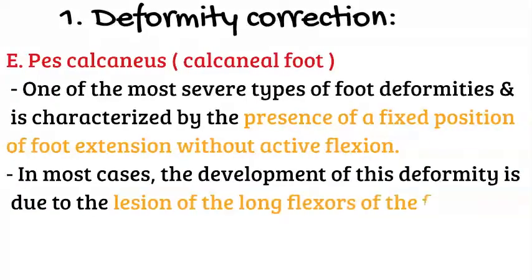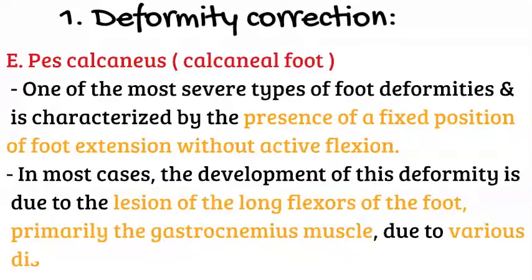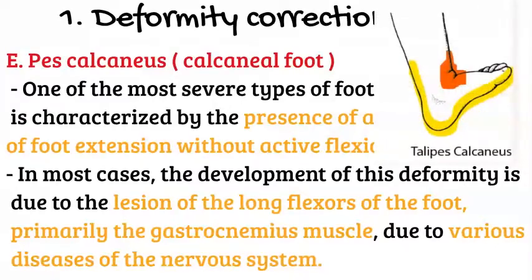In most cases, the development of this deformity is due to the lesion of the long flexors of the foot, primarily the gastrocnemius muscle, due to various diseases of the nervous system. This picture illustrates the pes calcaneus, that means fixed position of the foot extension without active flexion.